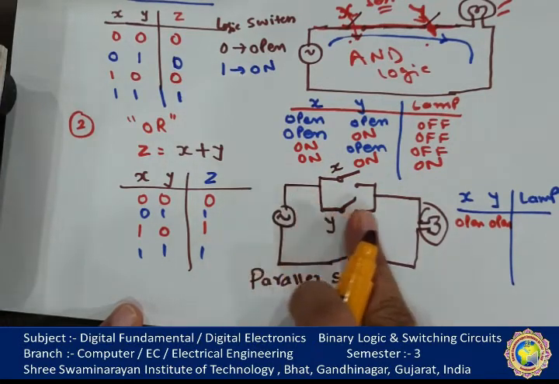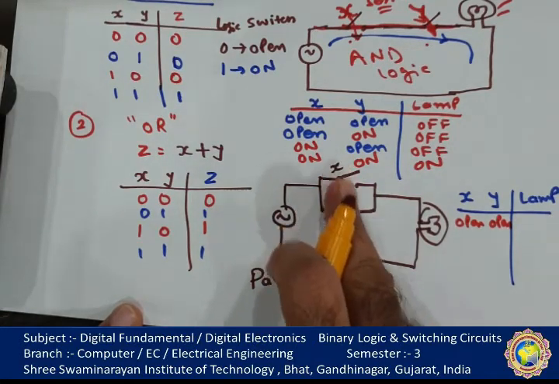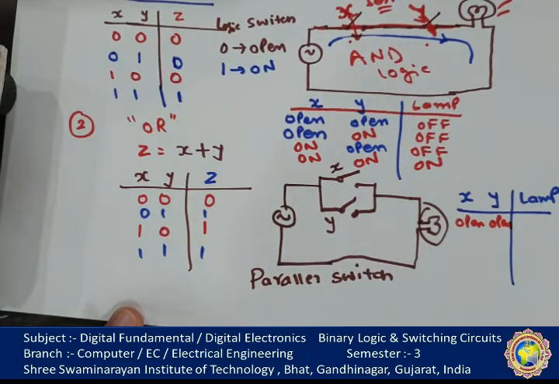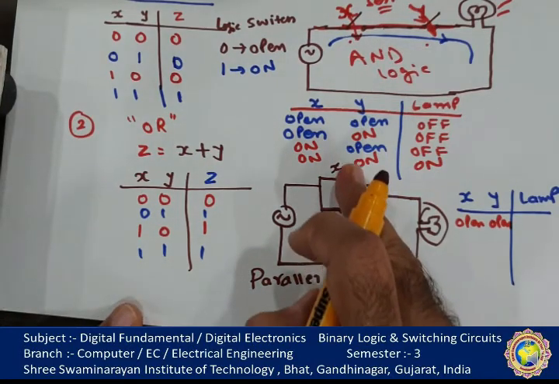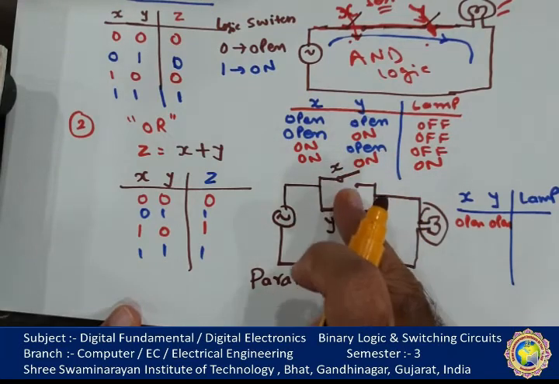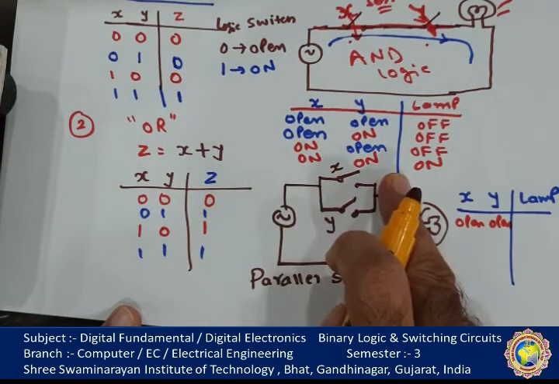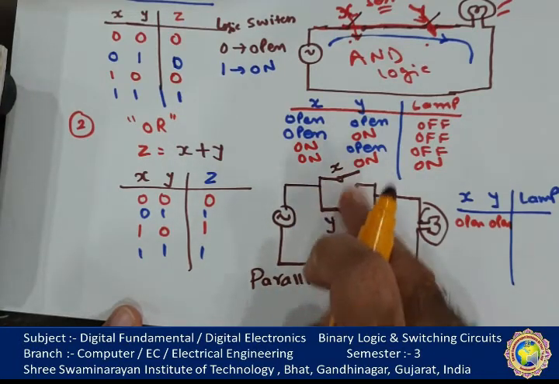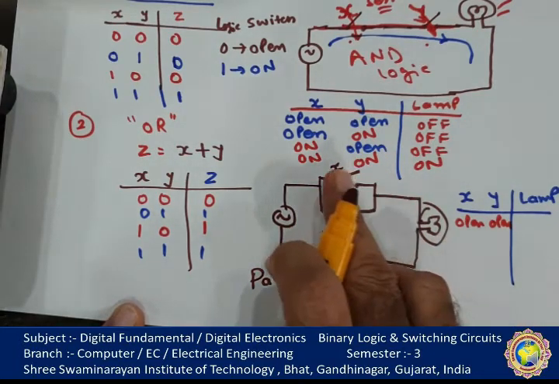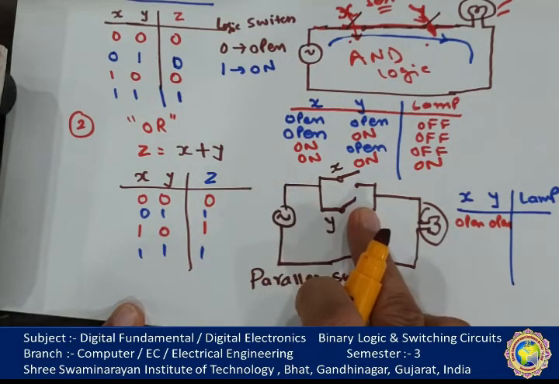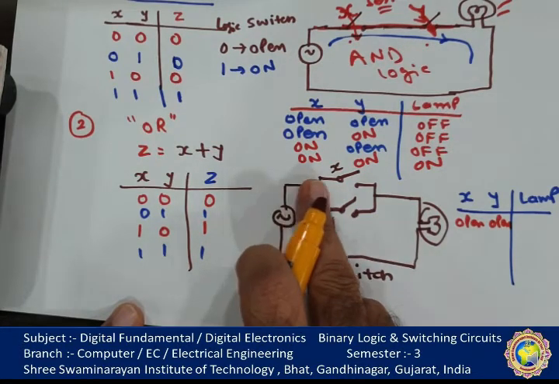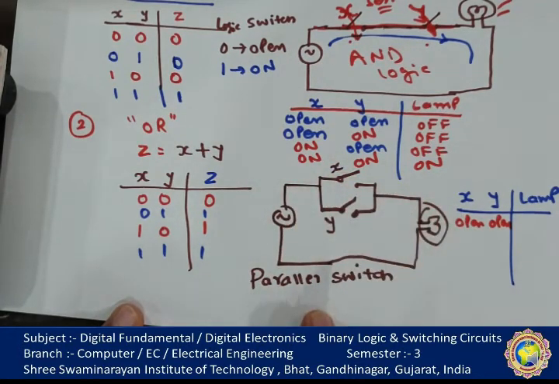Current cannot flow through the Y switch because the bridge is open. Simply say there is no path here. Can we pass over this river? No, there is no bridge. Both bridges are open. Similarly, electrons cannot pass from the supply, so the bulb is off.